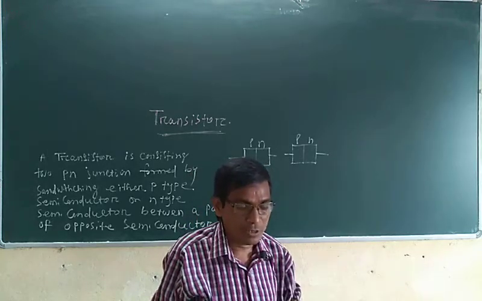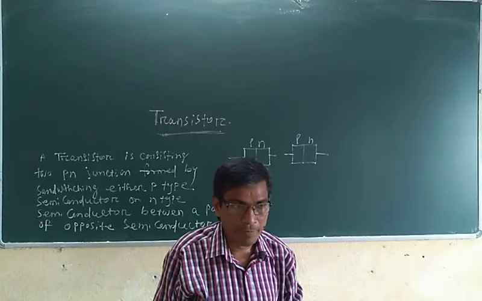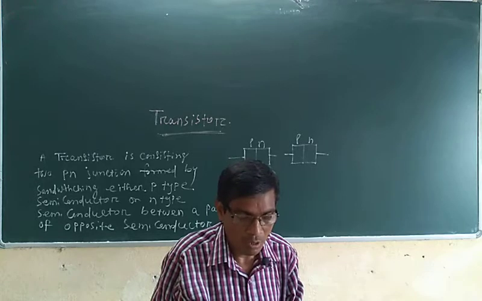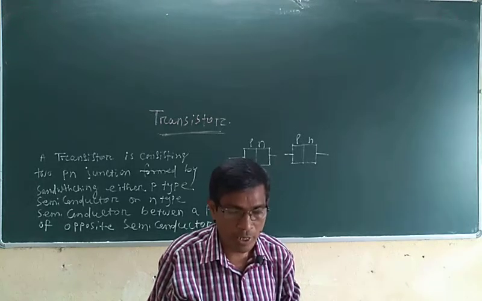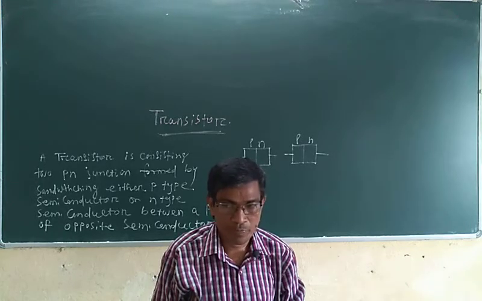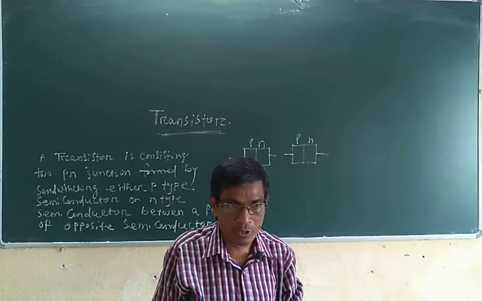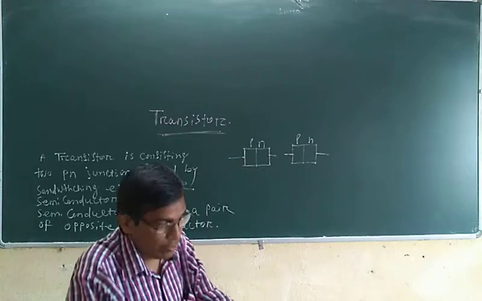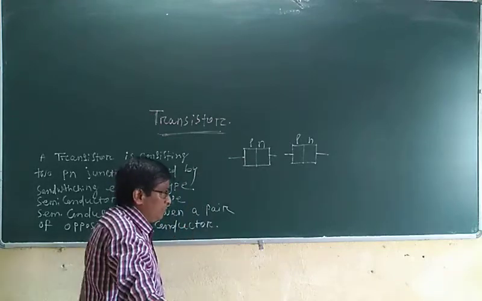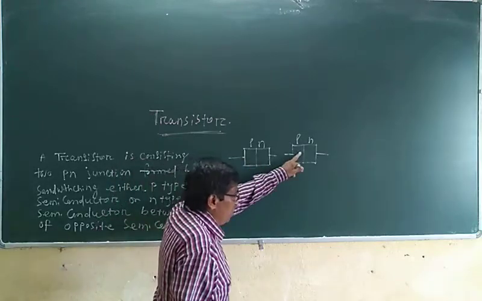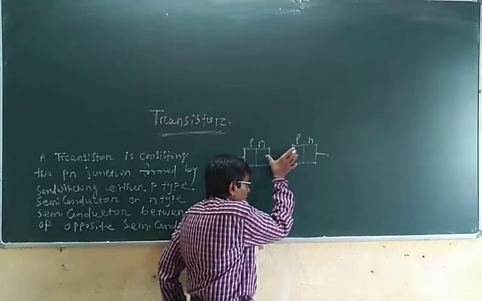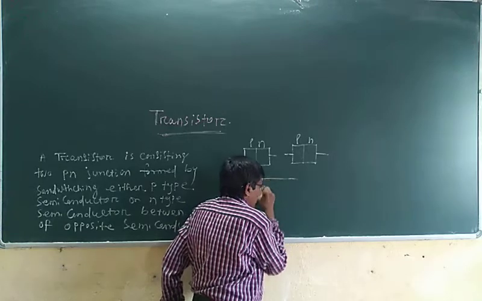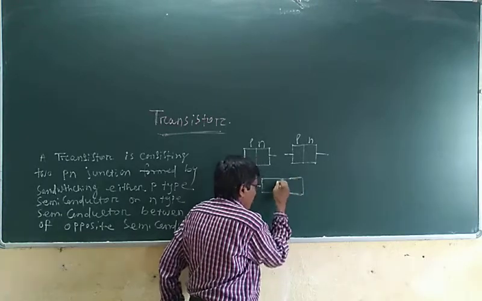The sandwich means when two pair or two layer of p-type or n-type semiconductor are sandwiched as a single pair. That means suppose PN junction and PN junction, these are sandwiching. Now this is the meaning of sandwiching.